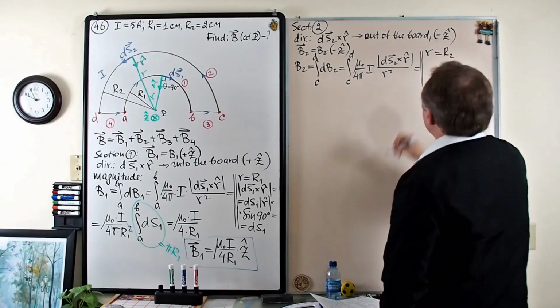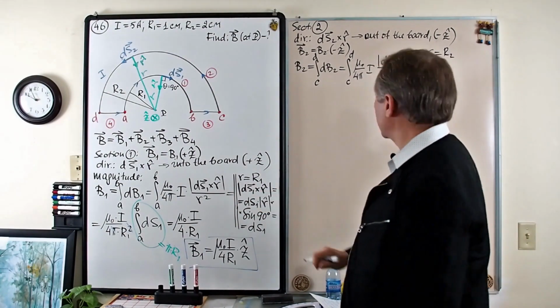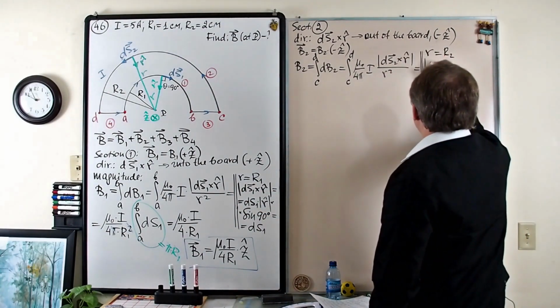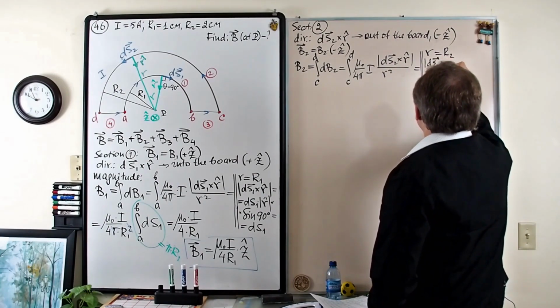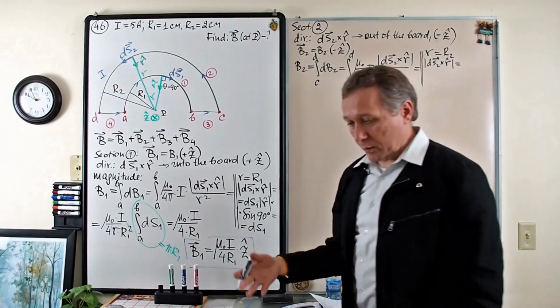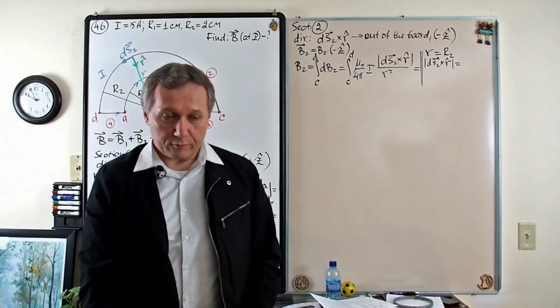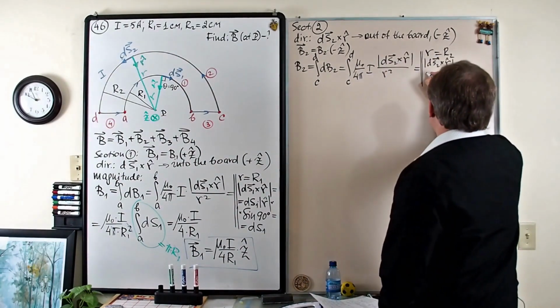So r2, and then the absolute value of the cross product ds2 and r. I will open up here ds2 cross r hat, and again the absolute value of any cross product is the absolute value of the first vector times the absolute value of the second vector times the sine of the angle between them.